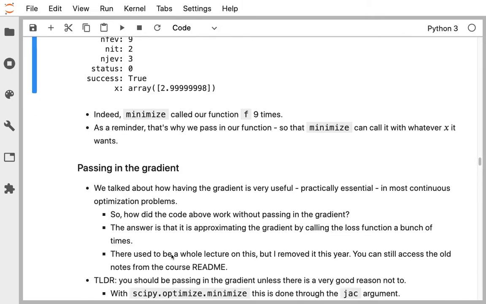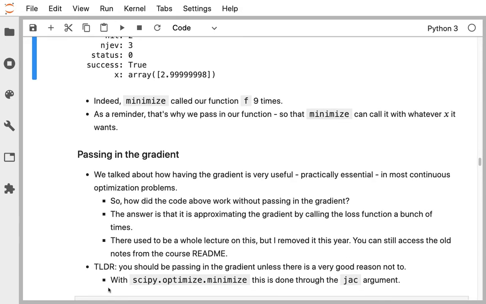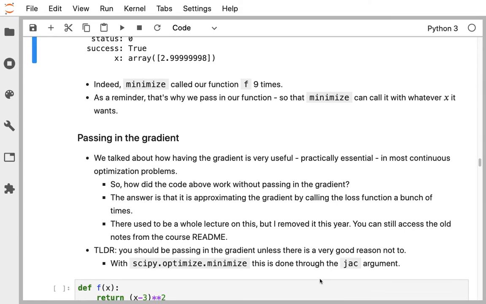So I'll just say for now that it approximated the gradient. That's kind of sloppy. There's a lot of problems with that. In particular, it'll make the code very slow. And so you should really be passing in the gradient, if you can, to any sort of optimization function. And with the SciPy one, that is done through the jac argument.